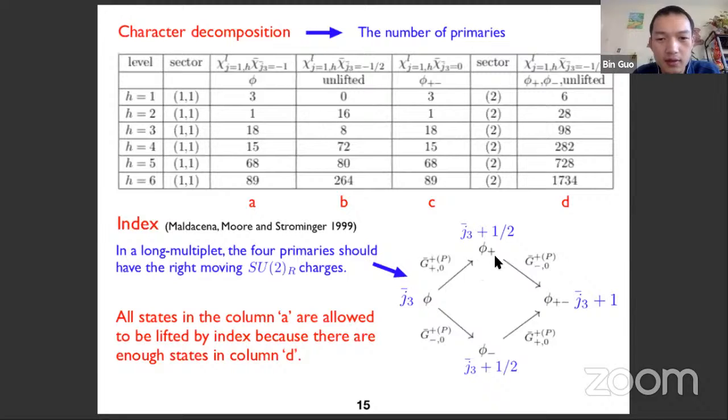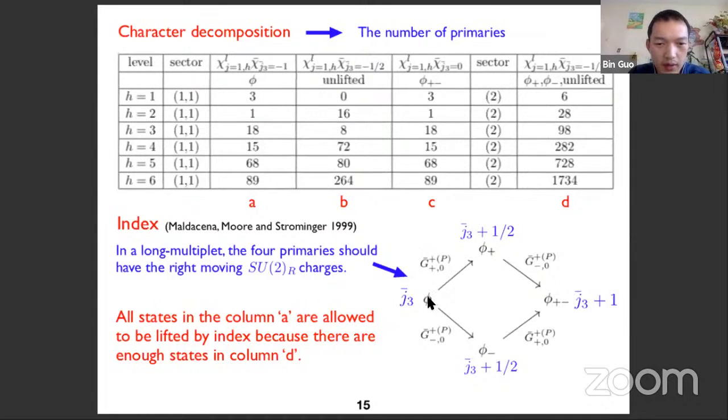We can fit that long multiplet structure into this table. We will find the bottom member φ lives in the column A, the middle members φ+ and φ- live in the column D, and the top member φ+- lives in the column C. We can use a similar idea as the index.